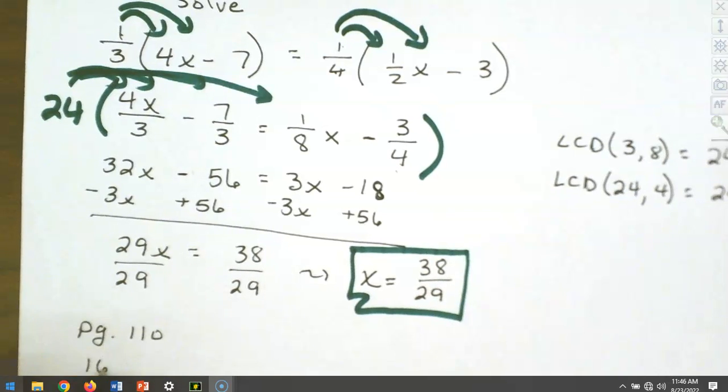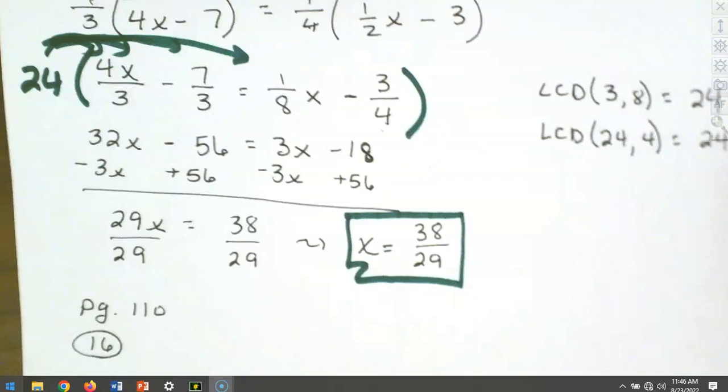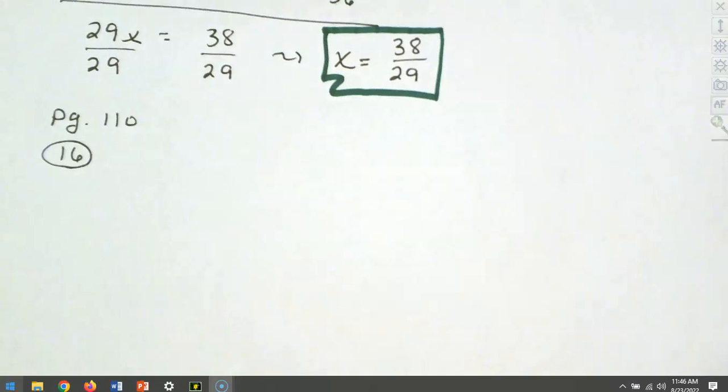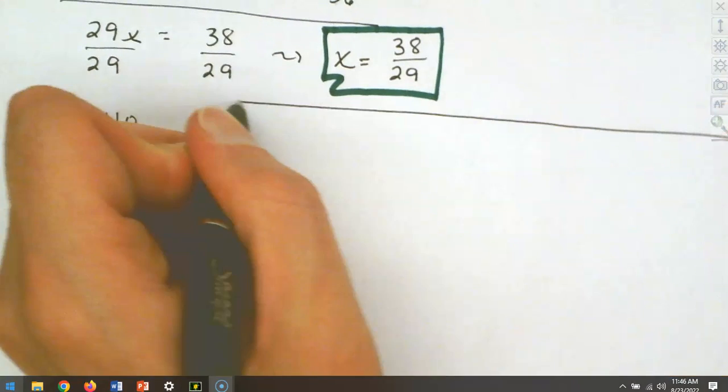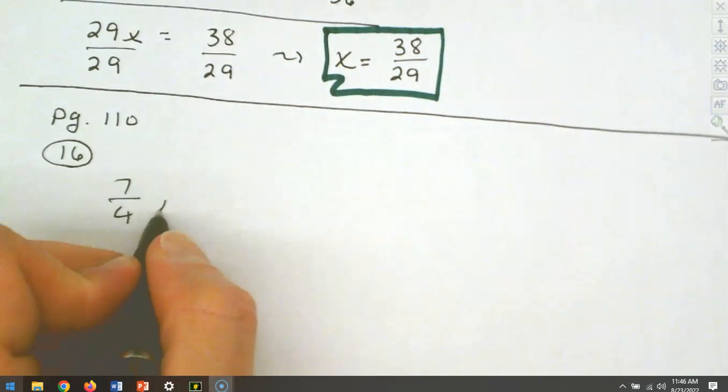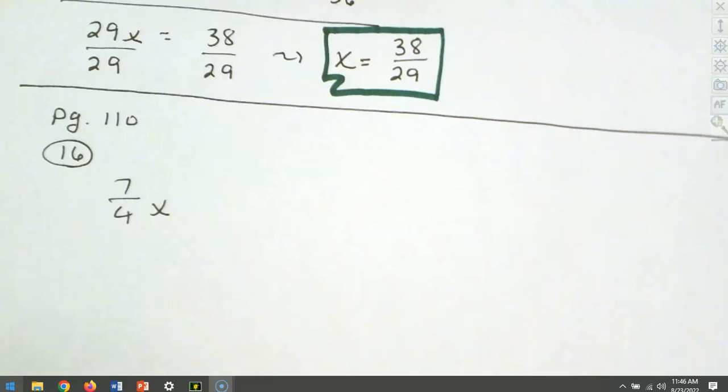Question 16. And if you don't have your textbook or don't want to dig it out, I'm going to write it up for us. So we're looking at page 110, question 16. We've got 7/4 x. Oh, wait, I wrote it wrong.